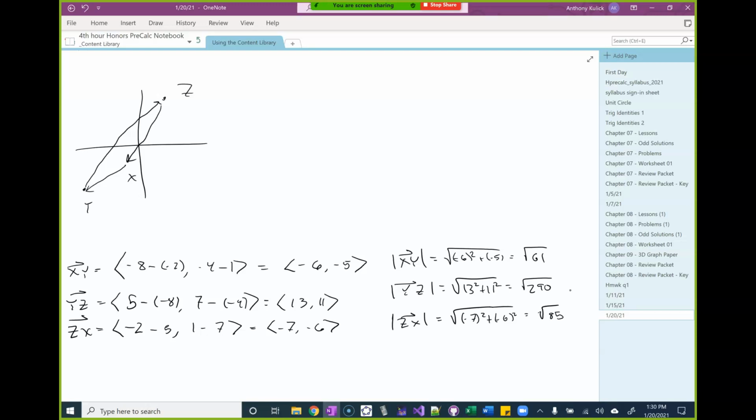And now I'm going to use the angle between two vectors theorem to find the angles for these.